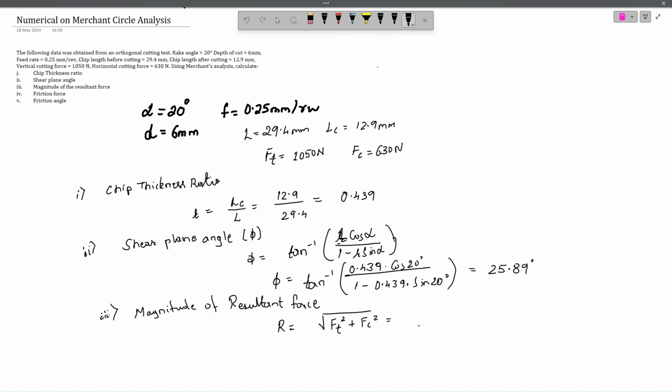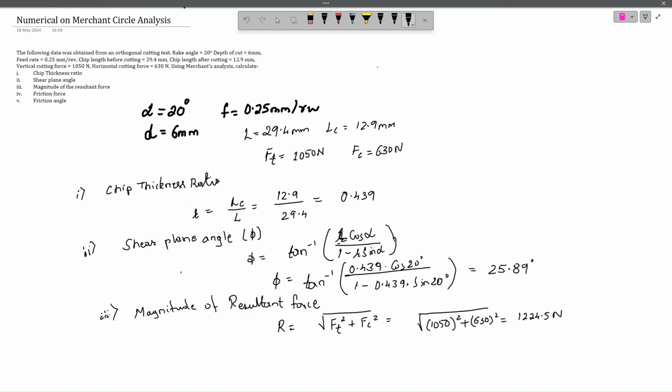So the value of R is given by the square root of 1050 squared plus 630 squared. Upon substitution, the value of the resultant force will be equal to 1224.5 Newton.